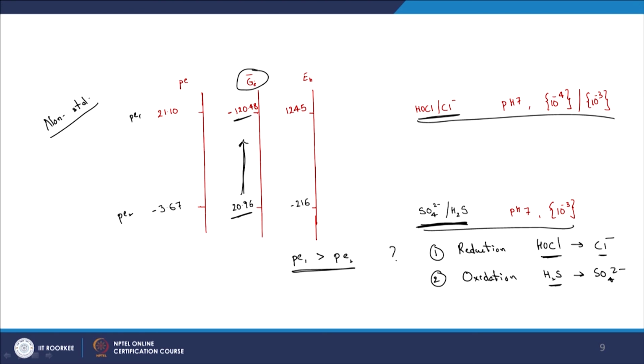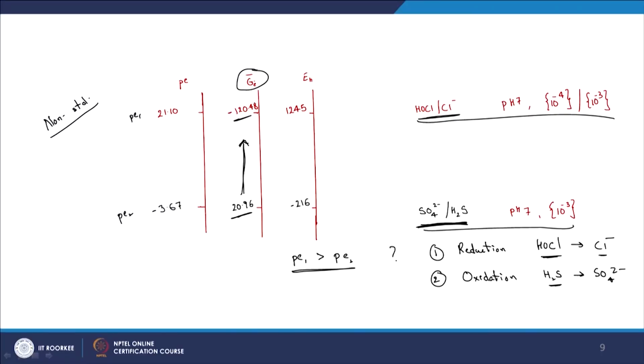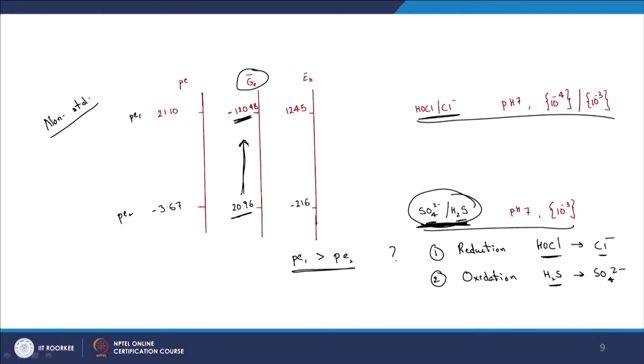This is a layman's understanding, but you can see the analogy with the system wanting to move in a direction in which the energy decreases, from higher energy to lower energy state. So the electron transfer takes place from this redox couple to that couple. That means H2S is going to be oxidized to SO4 2 minus, releasing the electrons which would reduce HOCl.